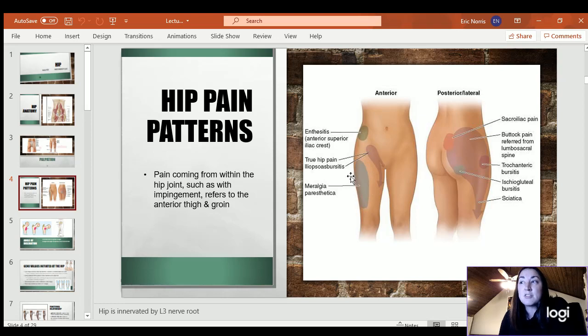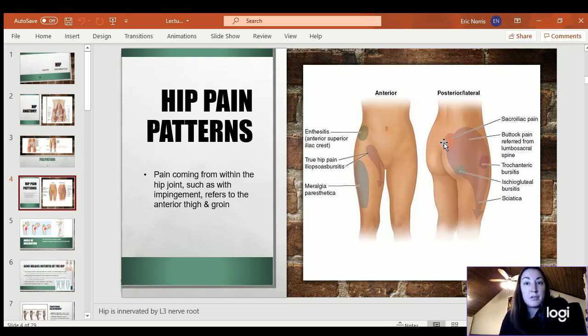Then with neuralgia paresthetica, we're going to talk about that. That's from a nerve entrapment. The nerve distribution is this area, and so this is where it is felt. With SI joint pain, it is felt right here where the SI joint is on the posterior aspect, where the sacrum meets the ilium.